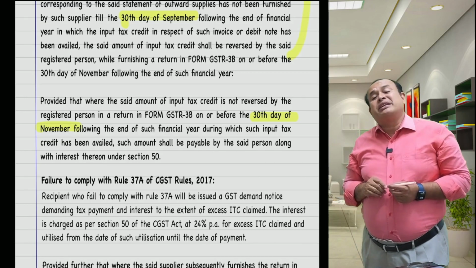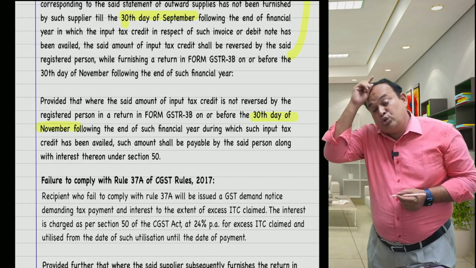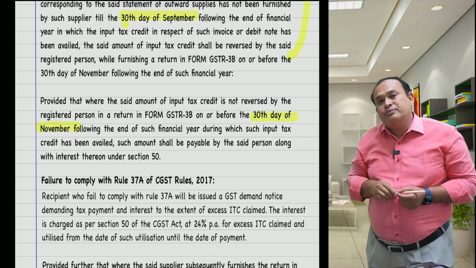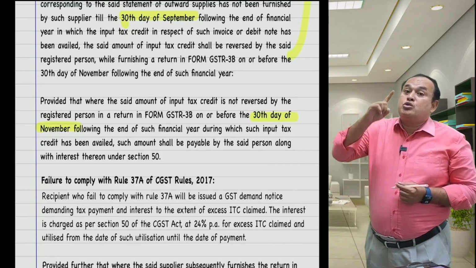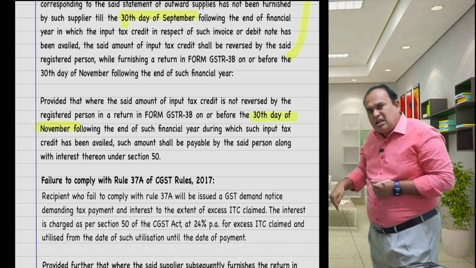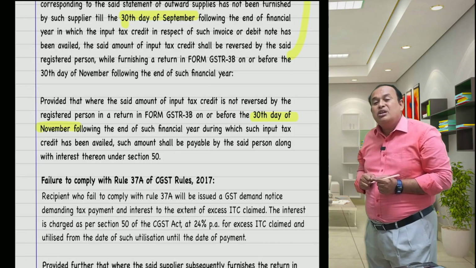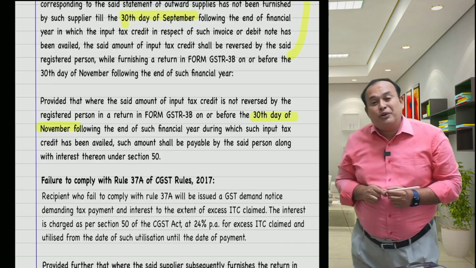Utilized the credit when? By 20th February 2024. From 21st February onwards till the date of reversal or payment of the tax amount to the department, you have to pay interest at the rate of 24% per annum.